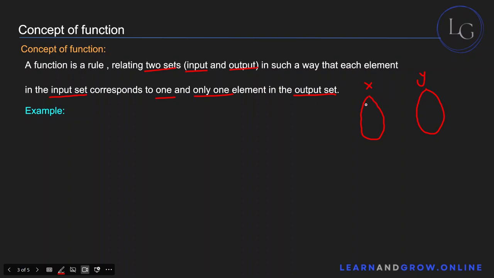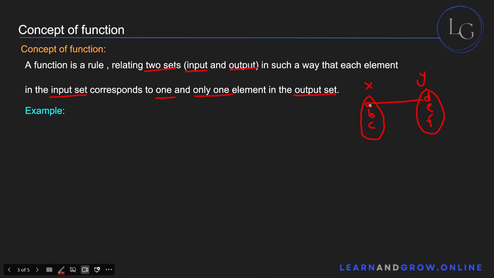Let's say you have A, B, and C in X, and D, E, and F in Y. So the rule is that each element in the input set corresponds to one and only one element in the output set. So for example, A corresponds to D, and that is the only correspondence between set X, the input set, and set Y, the output set.